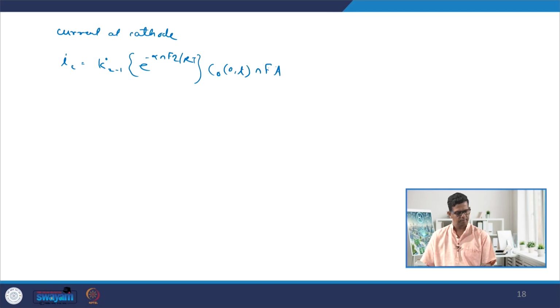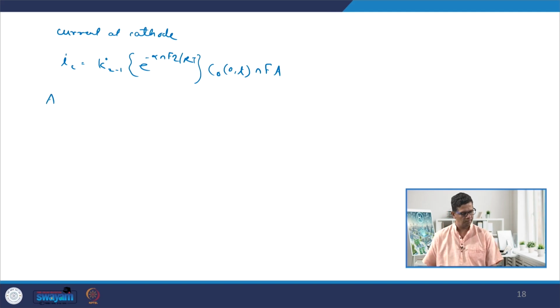So this is our cathodic current. When I say current at the cathode, I don't mean that it is at the other electrode. It is the same current flowing in the reverse direction. We have taken only one electrode, and we are finding the forward anodic current and the cathodic current on that same electrode.